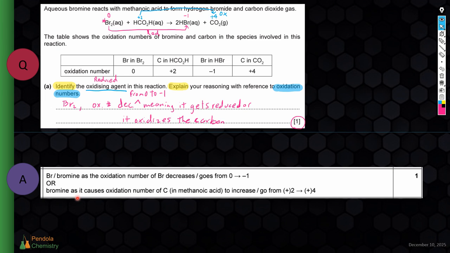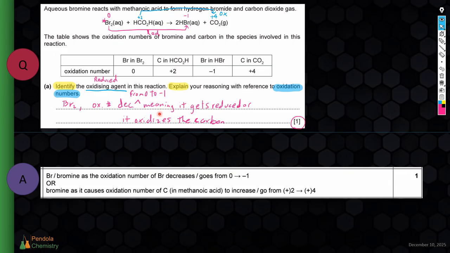The other way you could have written this is that bromine is the oxidizing agent as it causes the oxidation number of carbon to increase from +2 to +4. So instead of talking about what happens to bromine, you could say it's bromine because of what bromine does to carbon, meaning that bromine is oxidizing the carbon, which is what we wrote here on the second line.